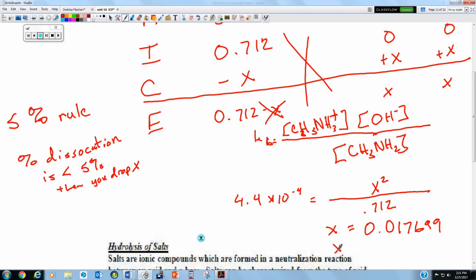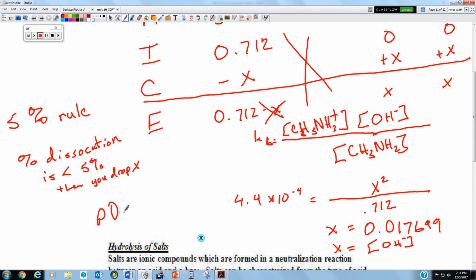I'm just going to make this statement down here. X equals the concentration of hydroxide. And so from there, I can take my concentration of hydroxide and get pOH, right?